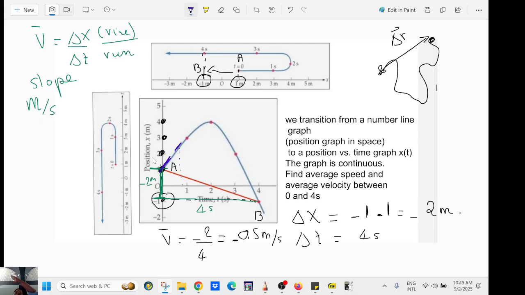Slope is the steepness. What's happening to the steepness here? It decreases, right? So the peak is how far you're going to be from the initial position, but the steepness is getting smaller and smaller.